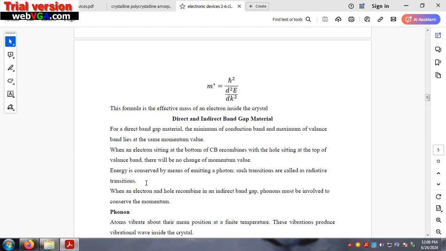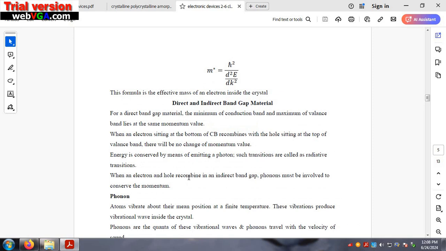Then the minimum of the conduction band and the maximum of the valence band are not at the same momentum value. So if the electron sitting at the bottom of the conduction band recombines with the hole sitting at the top of the valence band, there will be no change of momentum value, and this is nothing but the direct band gap semiconductor. Energy is conserved by means of emitting a photon.